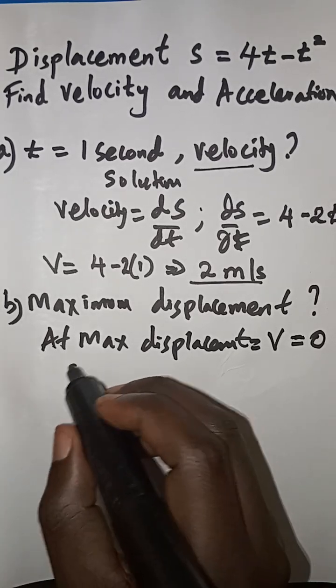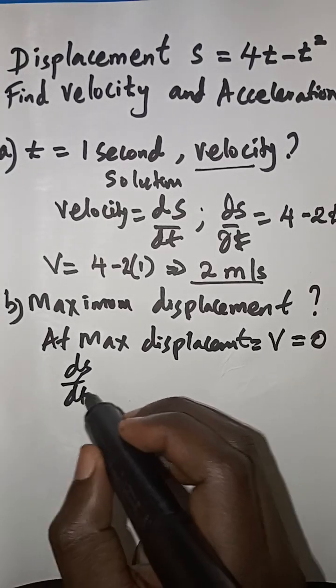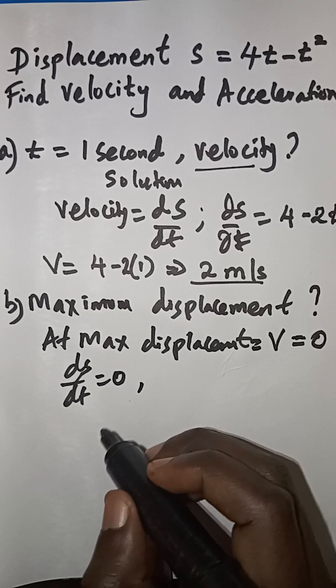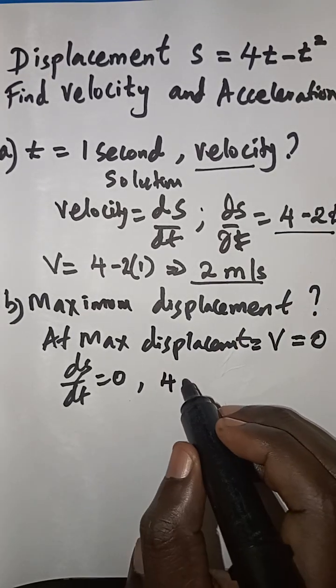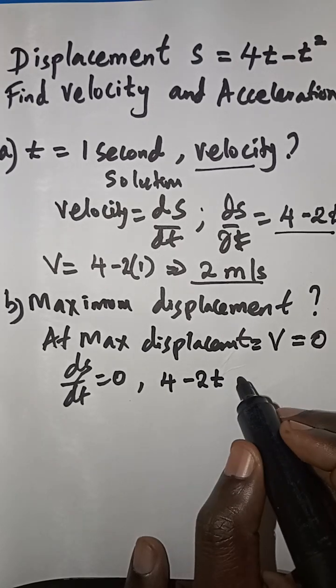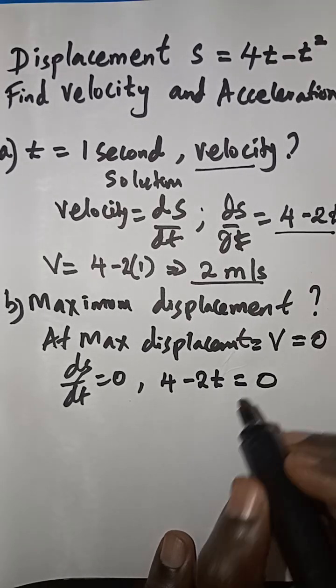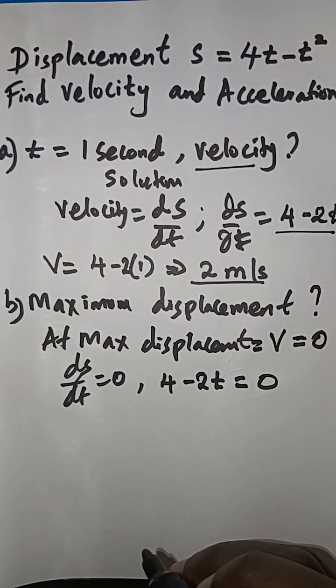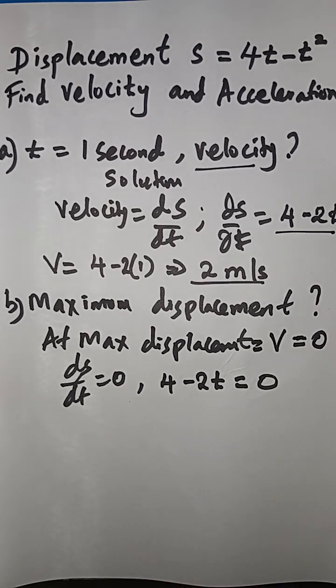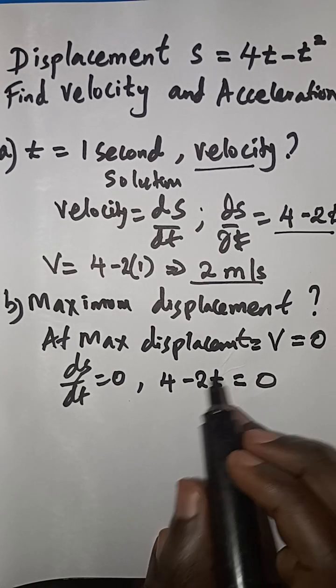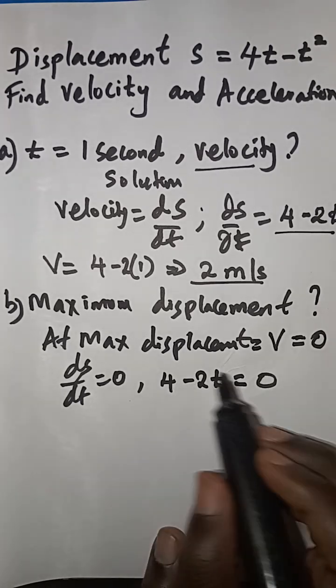So that means ds/dt equals 0. For our case, ds/dt was 4 minus 2t. So I'm going to equate this to 0. Next, I'll be able to find at what time.